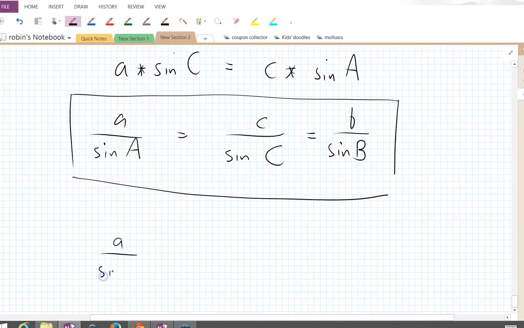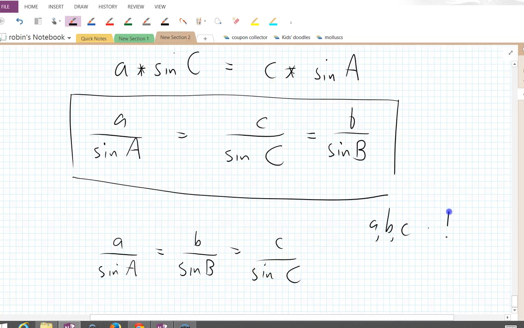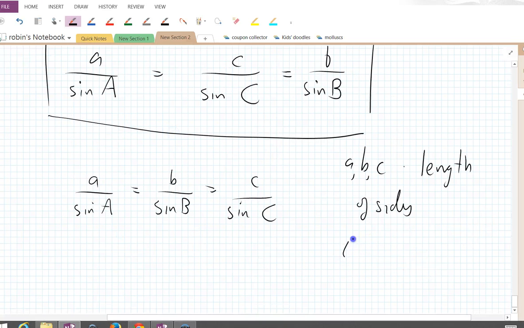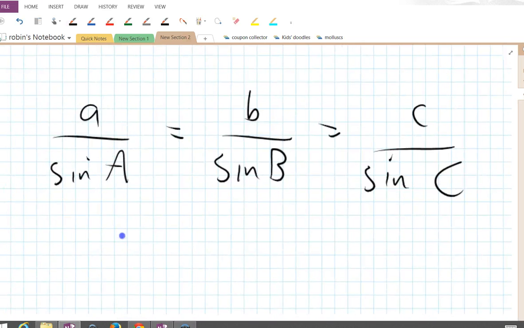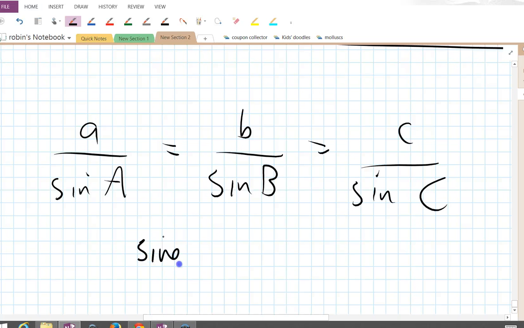Where A and B and C are the lengths of the sides, and A and B and C are the angles. Okay, so there it is. This is the sine rule, which I think is really, really good.